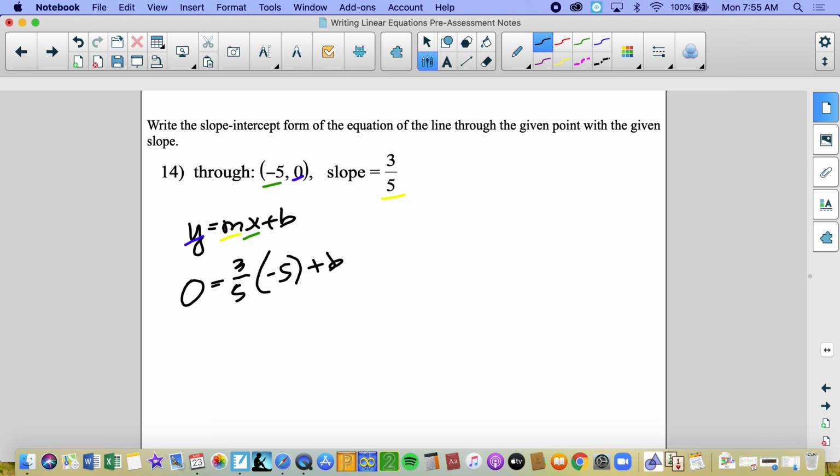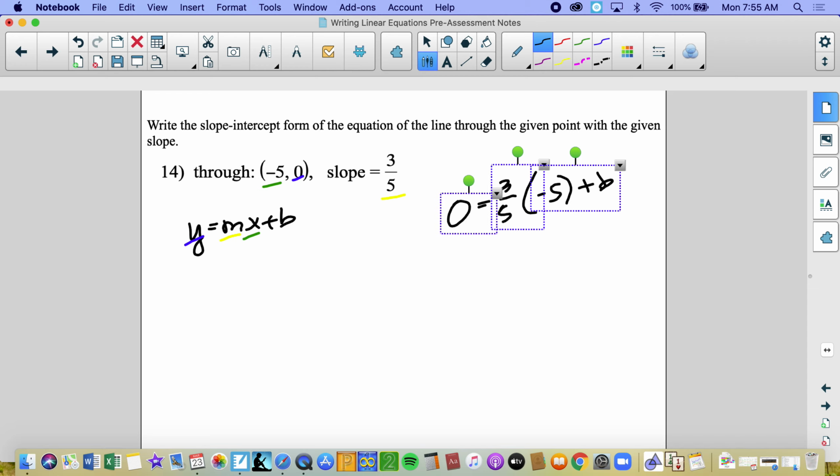And I'm looking for my b. Let's move that over here. And so we have 0 equals, that 5 is in the denominator, this -5 is in the numerator. We can cross cancel to -1, 5 goes into both of those. And then we have 3 times -1 is -3 plus b.